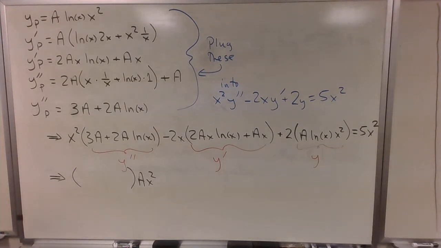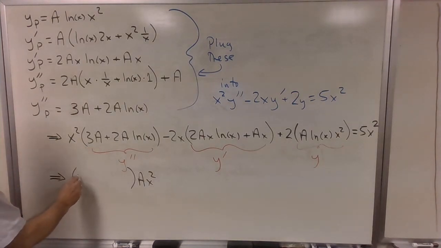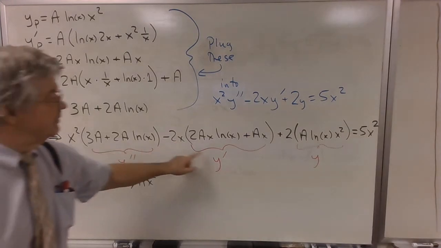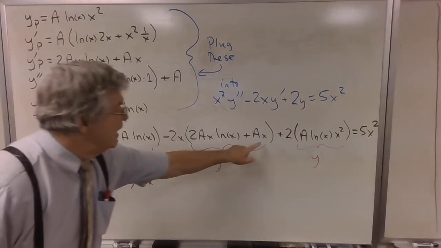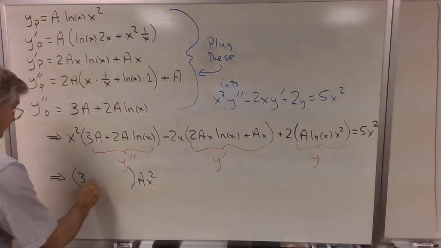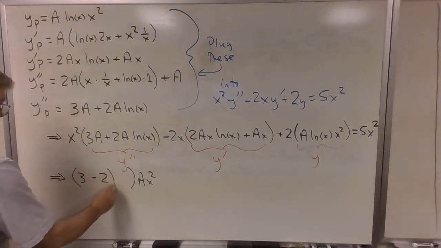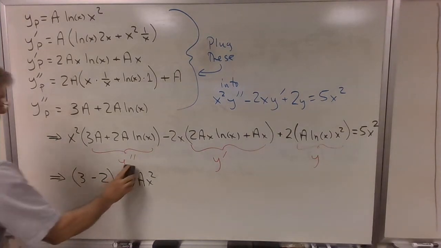No, I'm okay. I have 3ax squared here. So 3ax squared, and I have minus 2ax squared. And that may be all. I don't see any other ax squared terms.